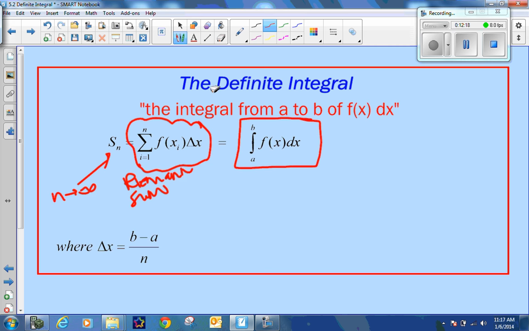Okay, how do you say that? It's the definite integral. It's called the integral from a to b of f of x dx. You don't say d times x, you just say f of x dx.